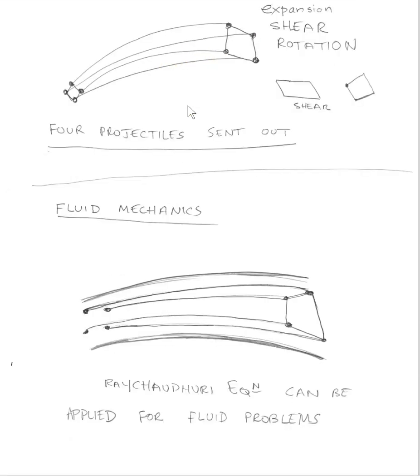Basically, you could apply the same idea for fluid mechanics. If you take 4 fluid particles and they have flow lines, and then after time t, you could develop the flow lines, and then you would get something like that with expansion, shear, and rotation.